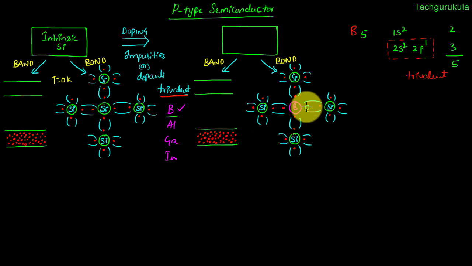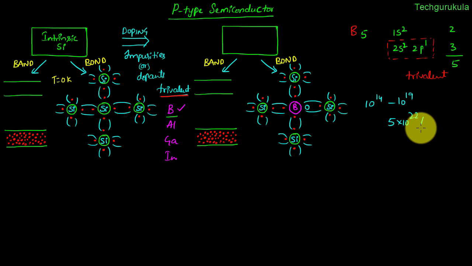Now, the amount of dopants that we have added, with respect to the number of silicon atoms per centimeter cube, the doping is usually in the order of 10 power 14 to 10 power 19 or 20. But the number of silicon atoms we have per centimeter cube is 5 times 10 power 22.